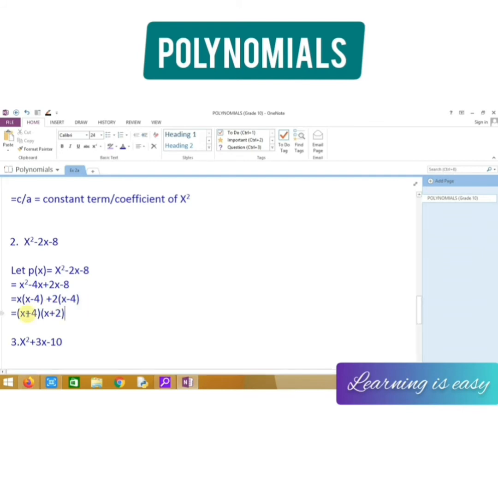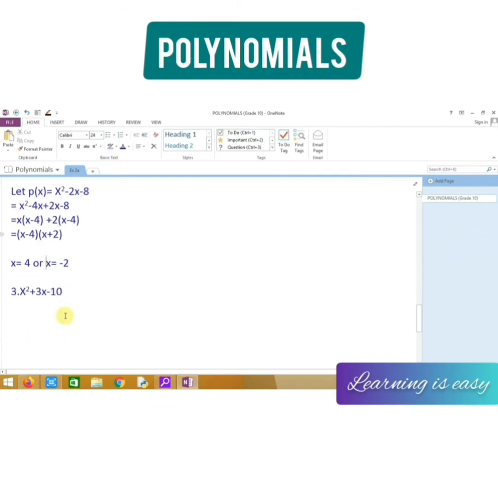And for each of these questions, we need to verify the sum of zeros and product of zeros of the form minus b by a and c by a respectively. So with the value of x as 4 and minus 2, the sum of zeros is 4 minus 2, which is plus 2.